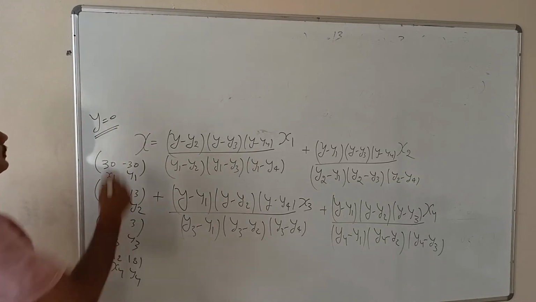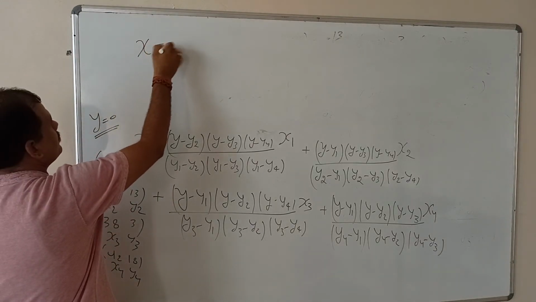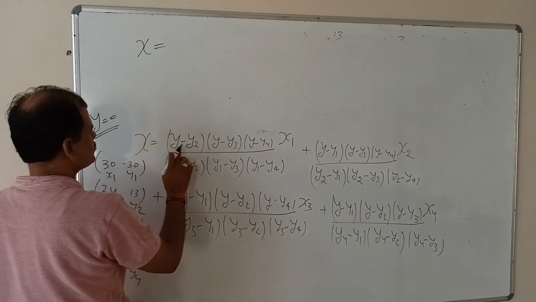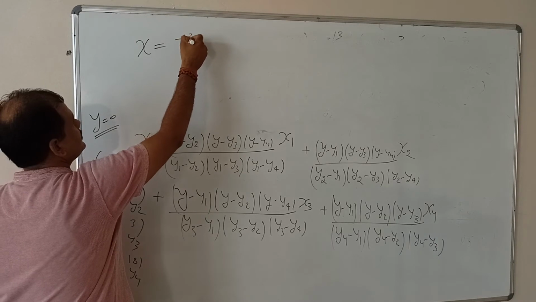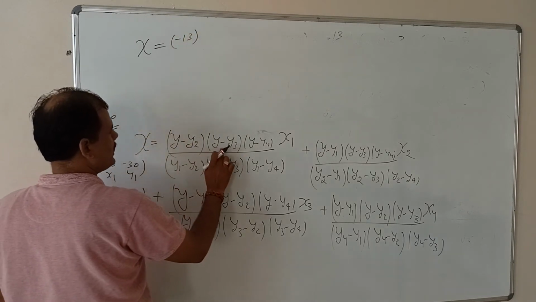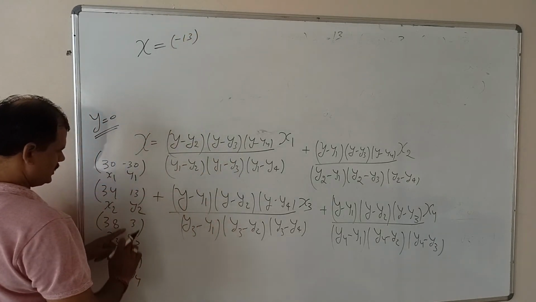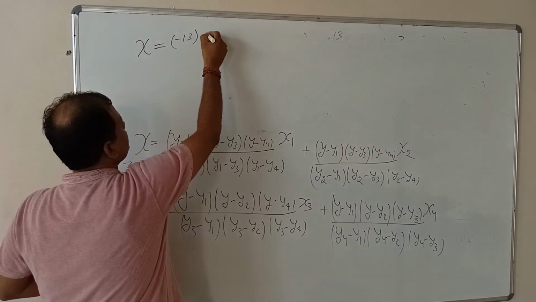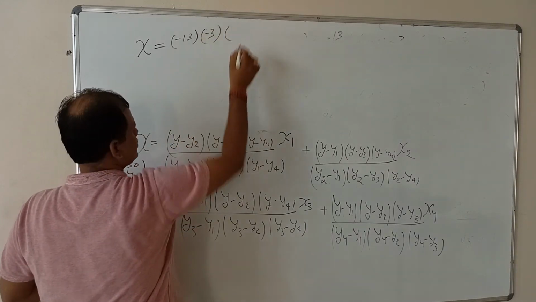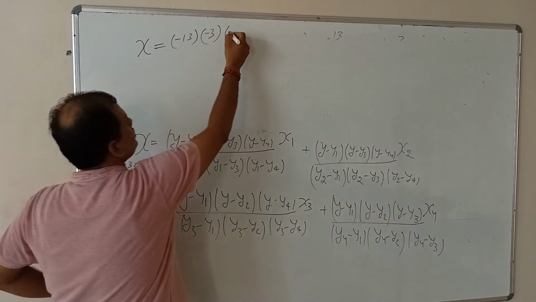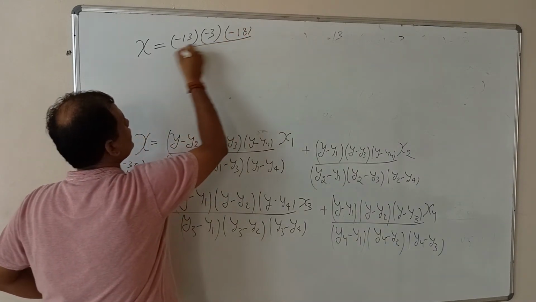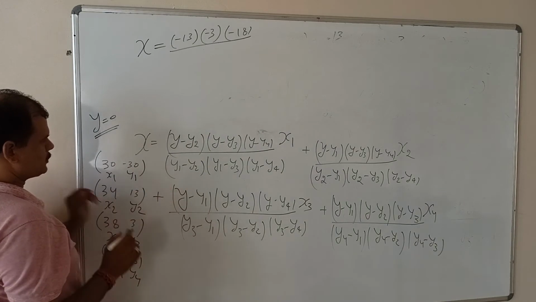y equal to 0. So for x, it is y minus y2, so 0 minus y2. y2 is 13, so minus 13, and y minus y3, so y3 is 3, so minus 3, and y minus y4, so minus 18, divided by y1 minus y2.